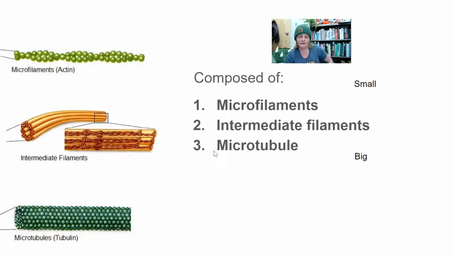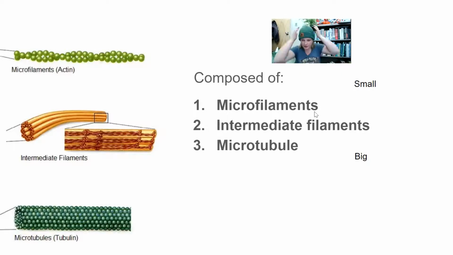And then we have our microtubule. This is a potential point of confusion that you need to be careful of, because you think, micro, that means small. But tubes are much bigger than filaments. Filaments are very small, hair-like things, while tubes are pipe-like things.